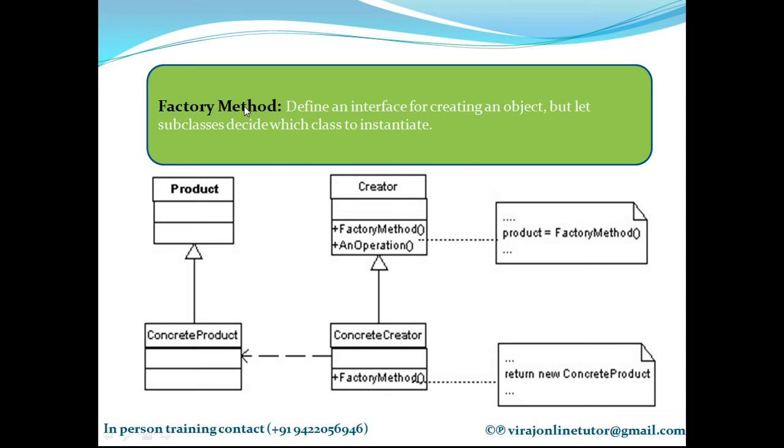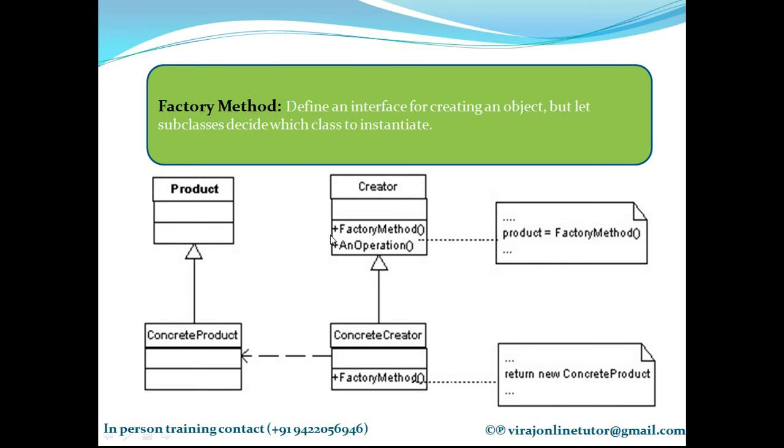In the factory method design pattern, you will have the creation hierarchy in exact sync with the product hierarchy, like a copy-paste hierarchy of this. So here I have a product and a concrete product, and in creation I have a creator and a concrete creator. Both, if you notice, are inheriting from their base classes.